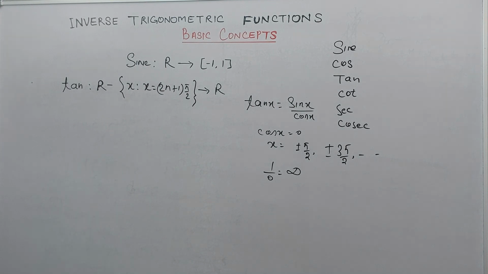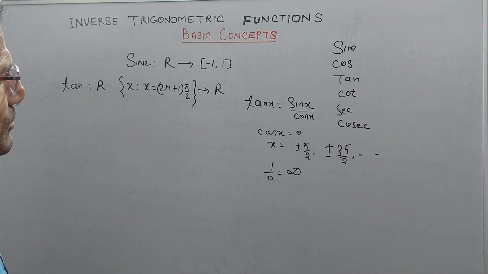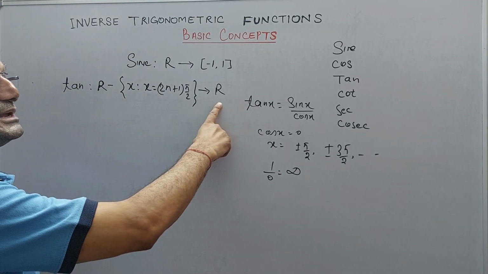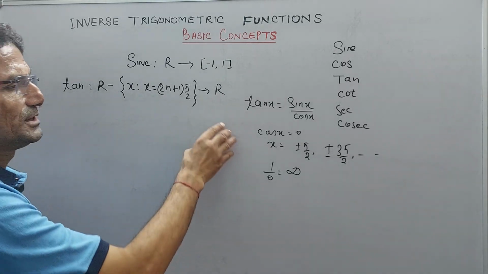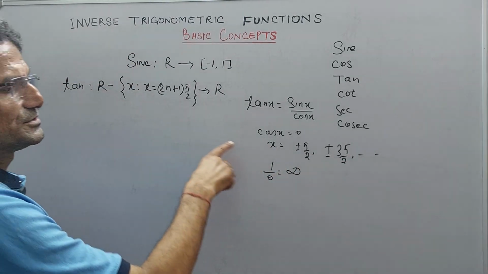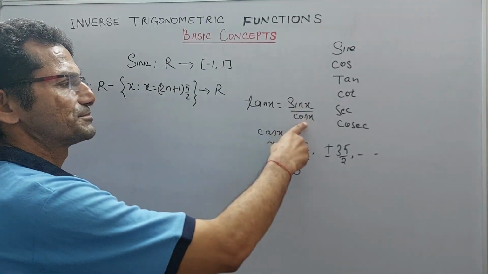If I draw the graph of the tangent function, the codomain contains real numbers from minus infinite to plus infinite. For these values, tangent has the values of plus minus infinite, because tan x is equal to sine x upon cos x.